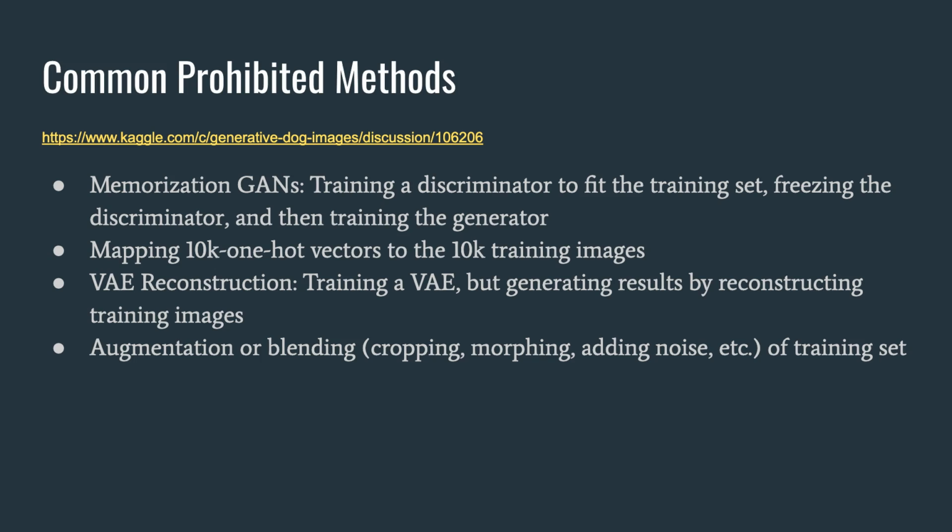Some people were attempting to map this one hot encoded vector to every single training image, and then just train a model to generate those on demand. Some people used variational autoencoders, which is actually not prohibited in itself. But the training of those essentially involves taking an image and turning it into a number in the latent space, and then turning that back into an image.